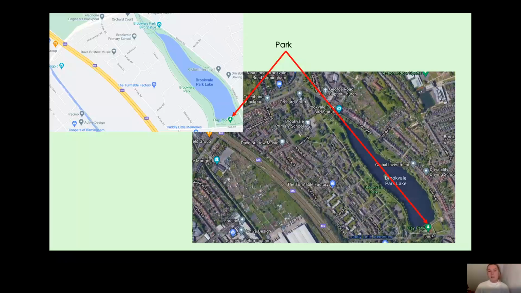And then when you've done that, could you create a key for these two maps? So you need to draw the symbol, and then you need to tell me what that symbol shows on the map. Brilliant, Year 2. So I'm looking forward to seeing your labelling of the map of the different symbols, spotting them on both maps, and then your key that you design yourself from those symbols.